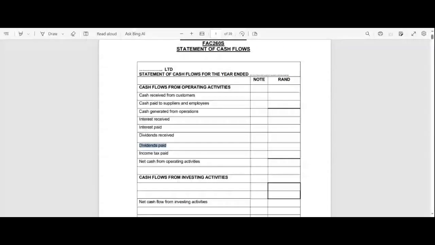If we look at dividends paid, to which item, and now I'm not using the word income or expense, but to which line item in your other financial statements is that directly related?